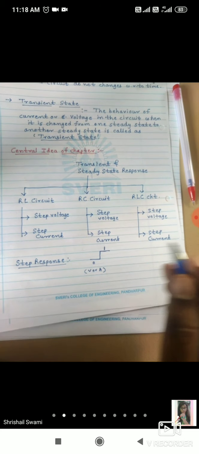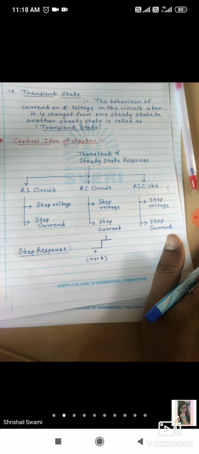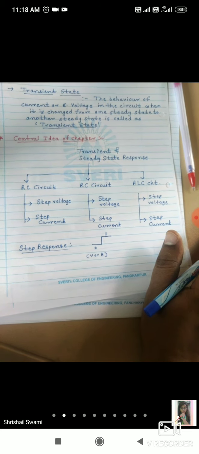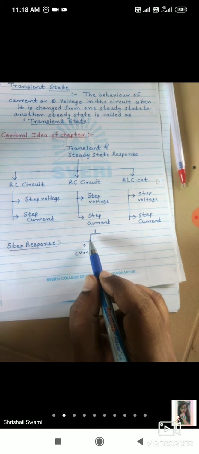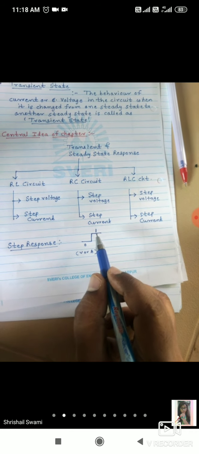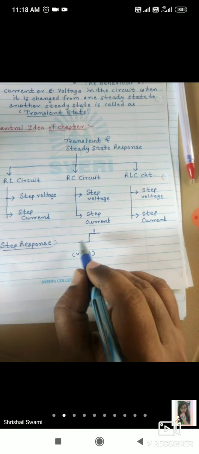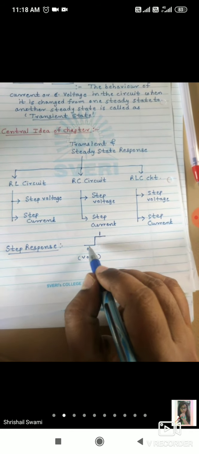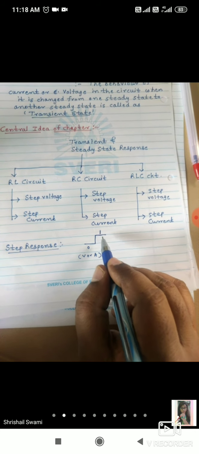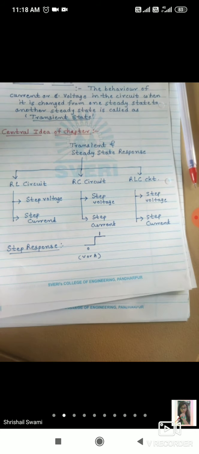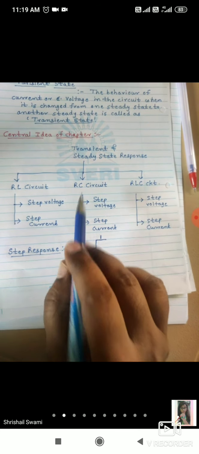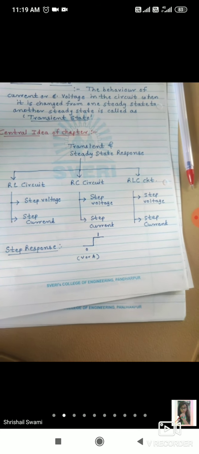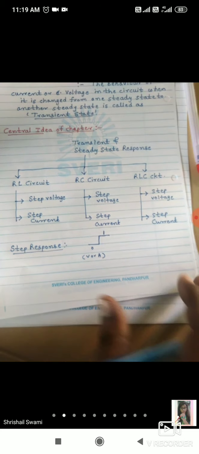So 1 means a higher value, whatever it may be: 5 volt, 10 volt, or 5 ampere, 1 ampere, 2 ampere, whatever. So the initial value is 0 and then we get a new value. Such a signal is called a step signal, step voltage or step current signal. We can apply this to the RL circuit, the RC circuit and the RLC circuit. So this is the central idea.